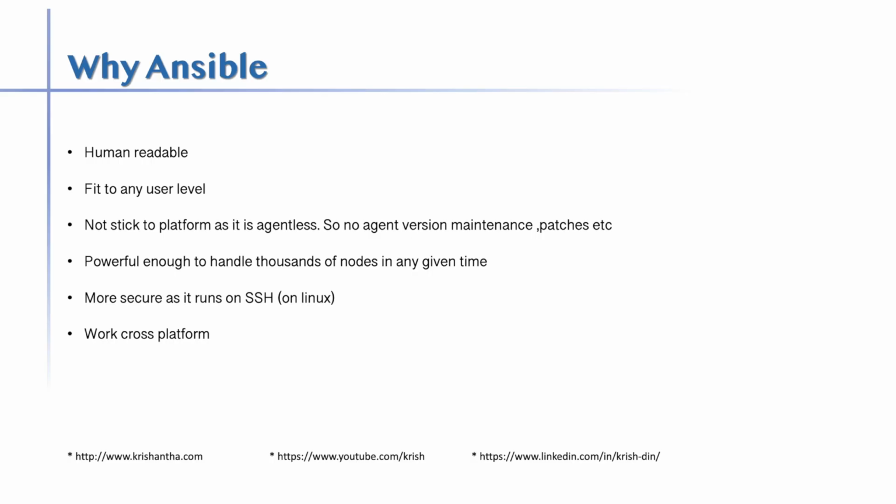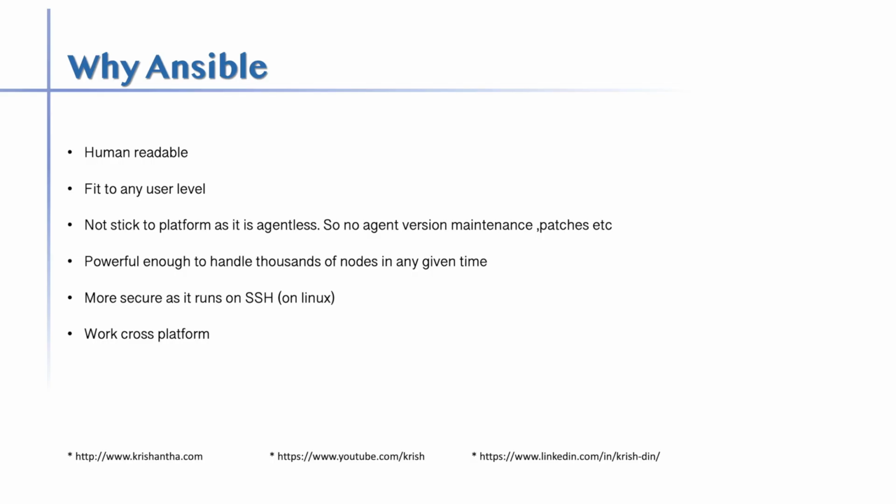It's agentless. It's powerful enough to handle hundreds of thousands of nodes at once. It's more secure because it runs on SSH, and not only SSH. If you run on Windows, you can find other connection methods, but basically it runs on SSH, and it works cross platform. As I said, you don't have to restrict to any particular platform.